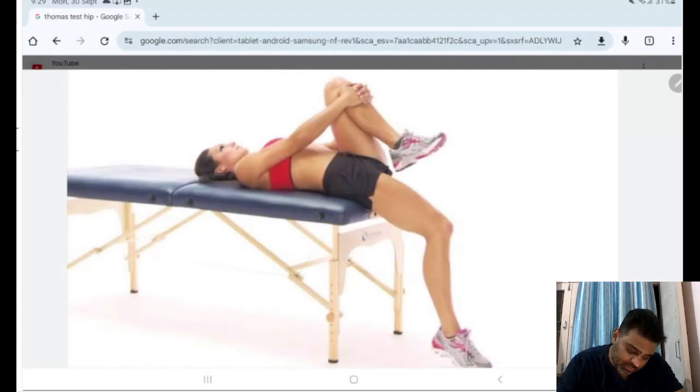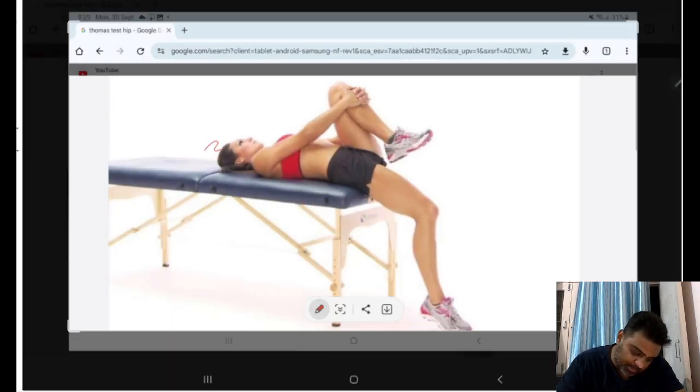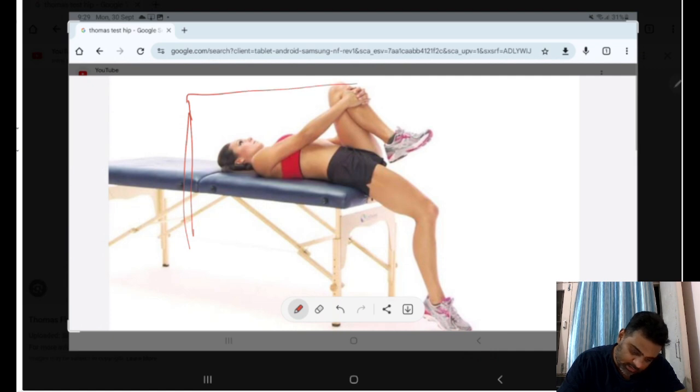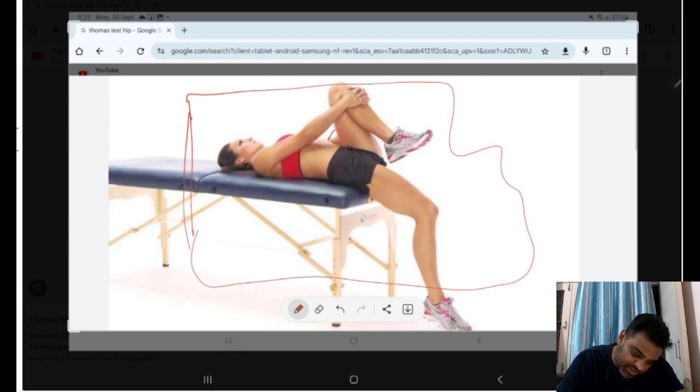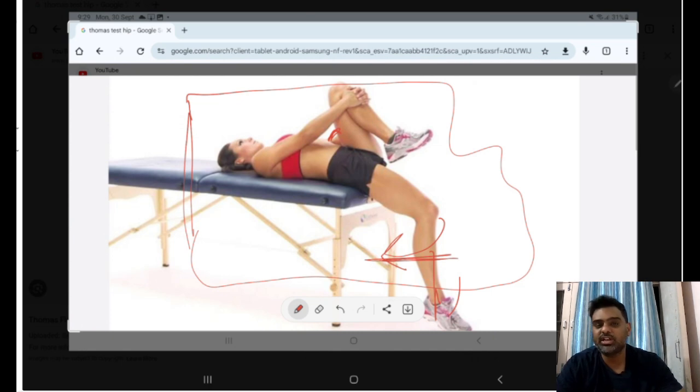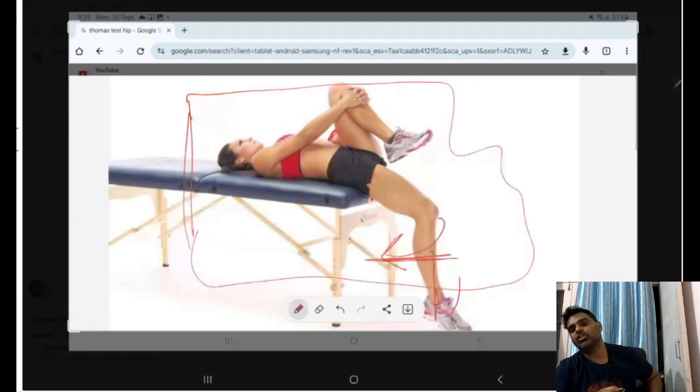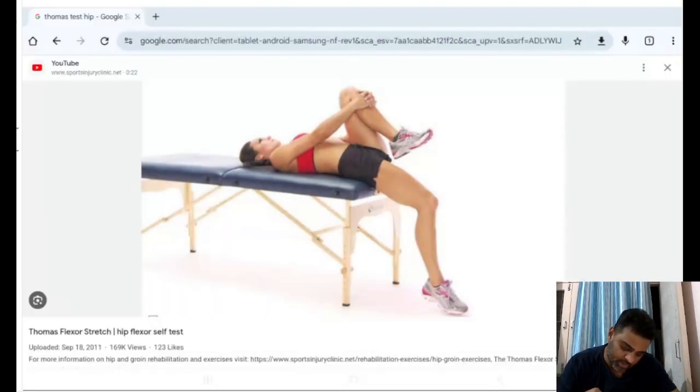If you ask the patient to lie down on the table, and this is the complete flexion being done, the opposite limb should touch the ground. If it comes off the ground or there is a lateral rotation, then we will say that this test is positive. But please remember, in an obese patient it can be false positive. So this is known as the Thomas test, which is done for fixed flexion deformity.